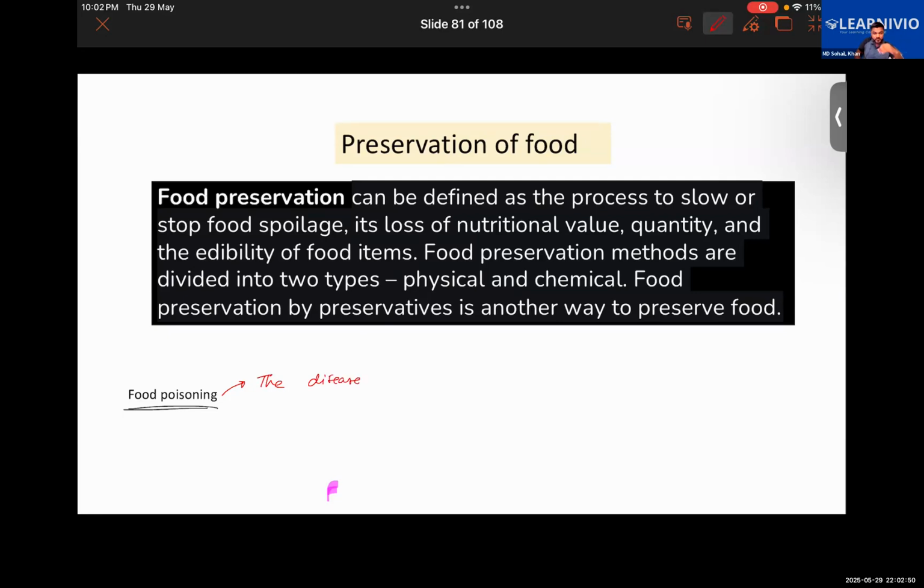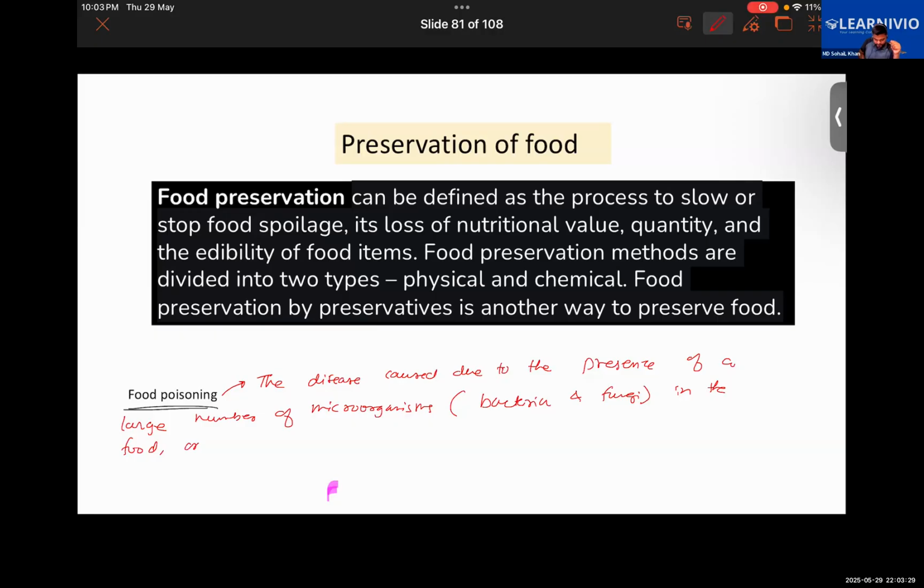So the disease caused due to the presence of a large number of microorganisms, particularly bacteria and fungi in the food, or due to the presence of toxic substances in food.